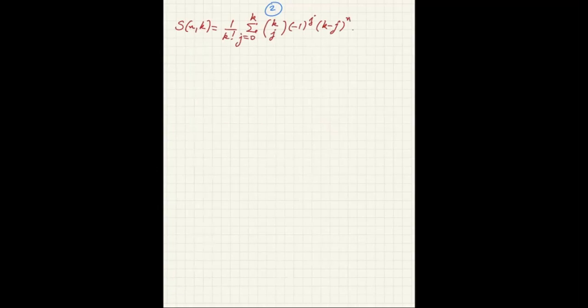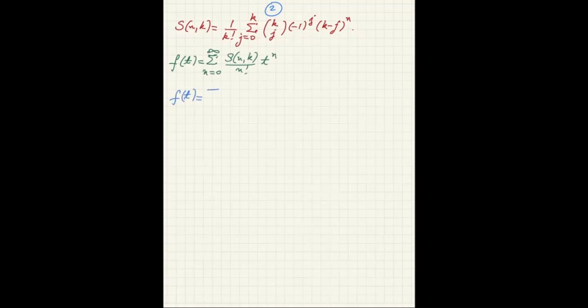And if we define its exponential generating function, let's call it f(t), which is the summation over all n from 0 to infinity of S(n,k) over n factorial times t to the n, we can then obtain the following result.